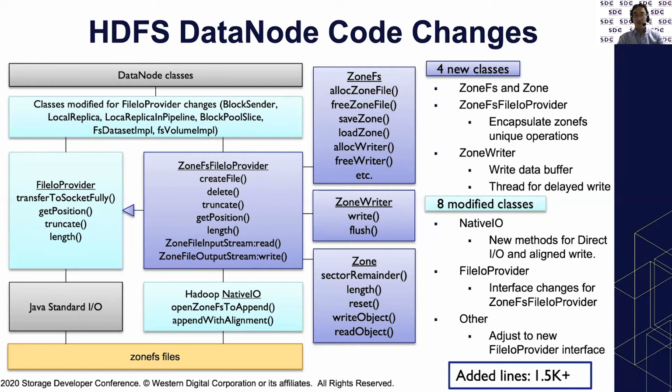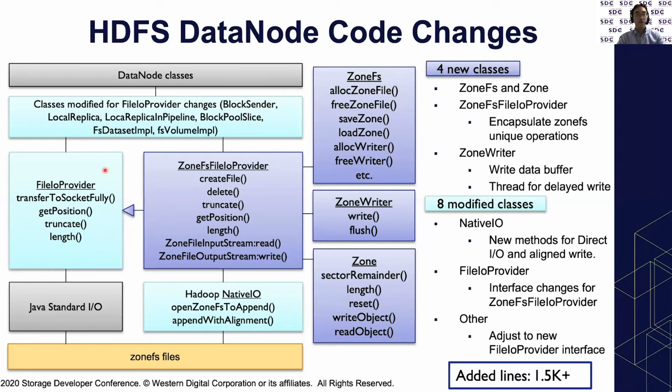With this approach, still, 8 existing classes needed changes. Native I/O class needed changes for new methods, for file open with ODirect flag, and JNI method for memory address alignment. File I/O provider class needed a few interface changes to fulfill the zonefs file I/O provider requirements.